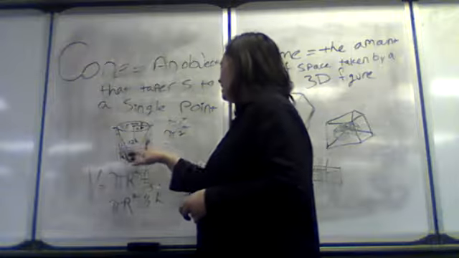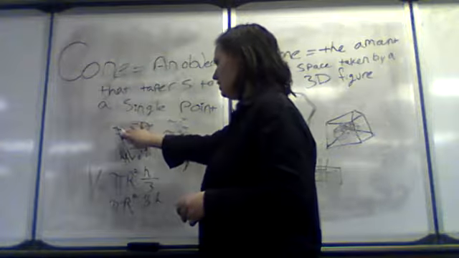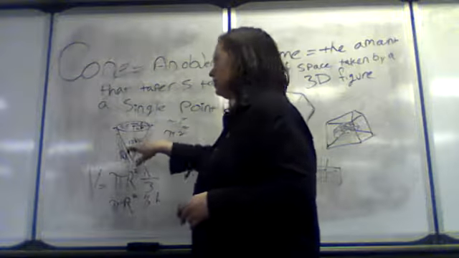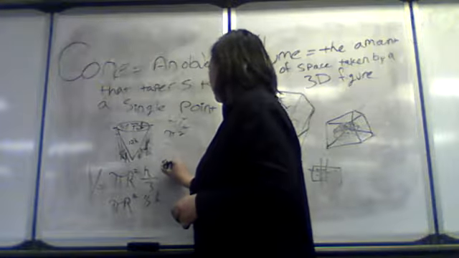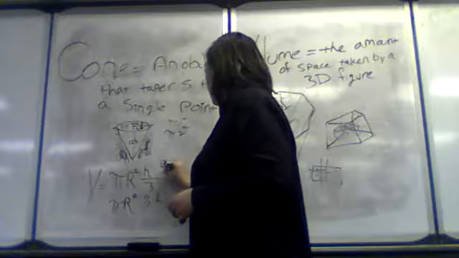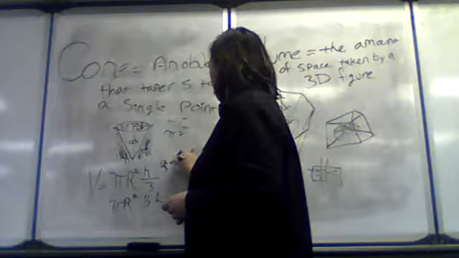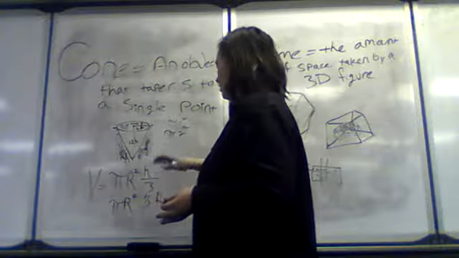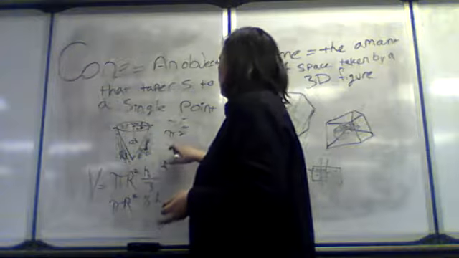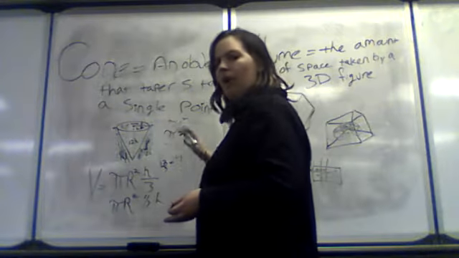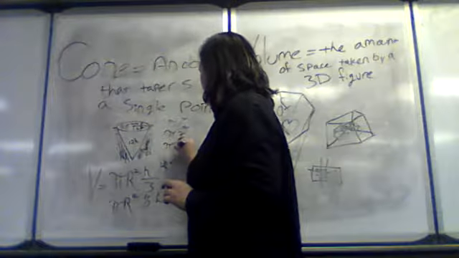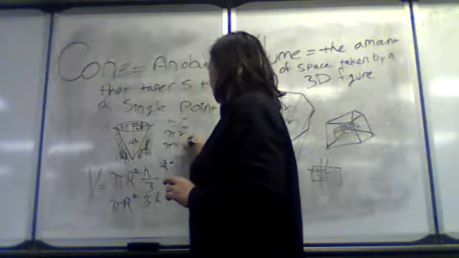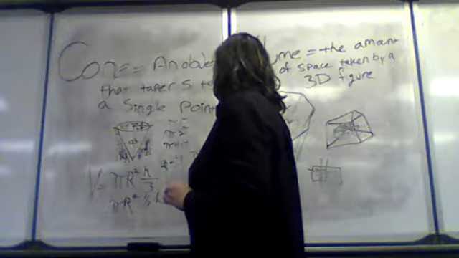Because it's height divided by 3 in order to get just this cone instead of an entire cylinder, that's going to be 12 divided by 3, which is going to give you 4. So it's going to give you pi 4 times 4, or pi 2 squared times 4. So pi 4 times 4 is basically going to be pi 16.